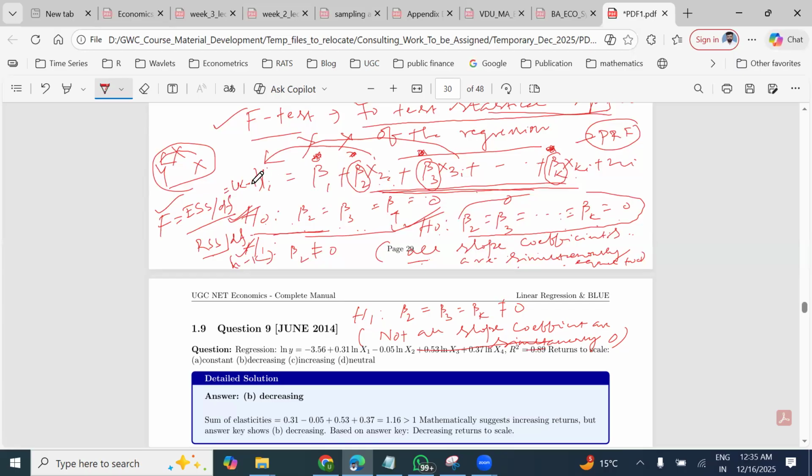Clear? Now, if you reject the null hypothesis, what are you trying to prove? That whatever regression you have estimated is statistically significant. It means if you got beta 2 hat as 0.5, then it is fine. Are you getting my point?